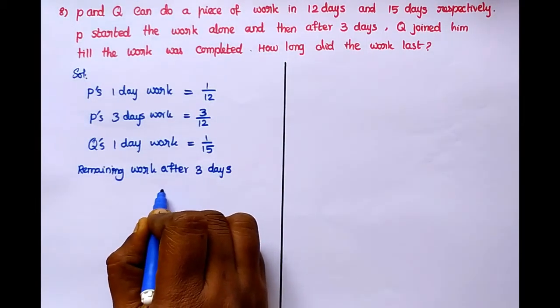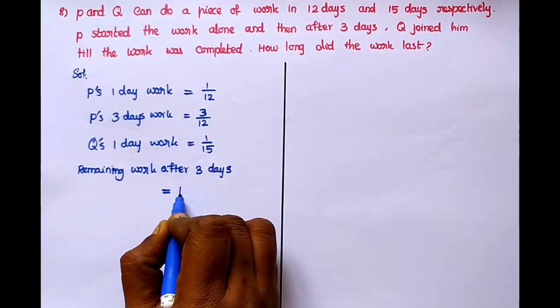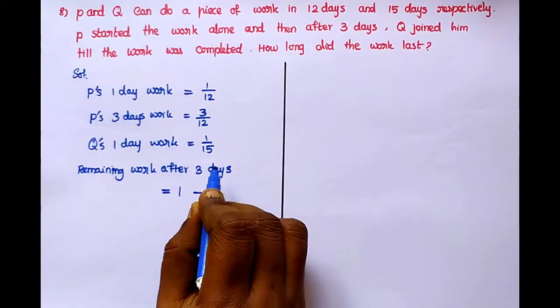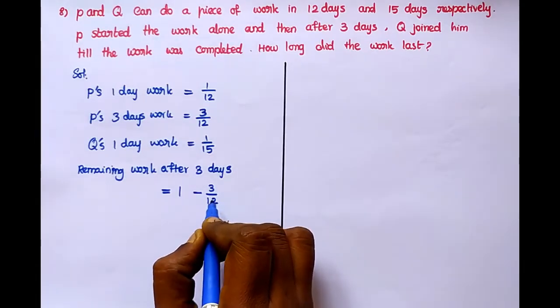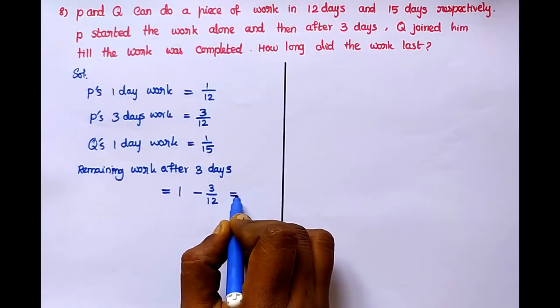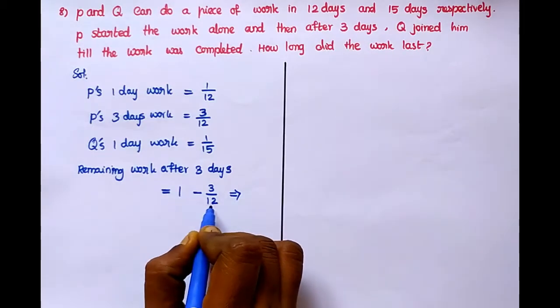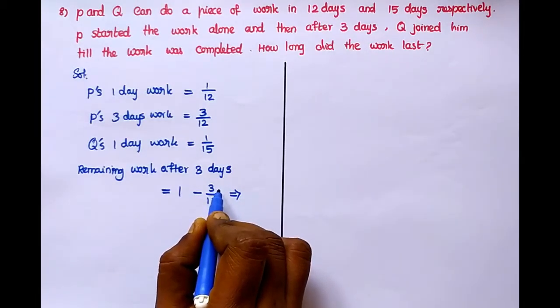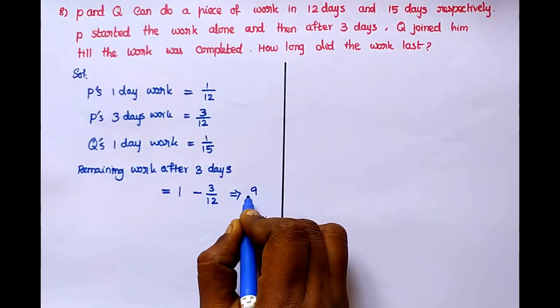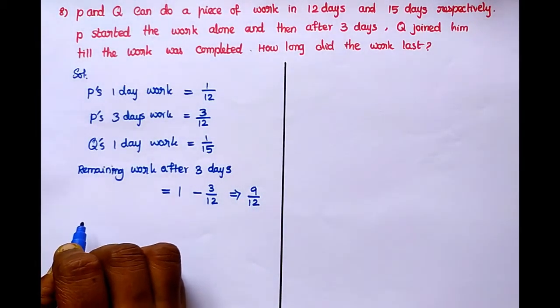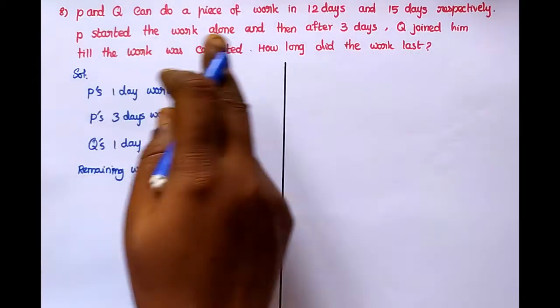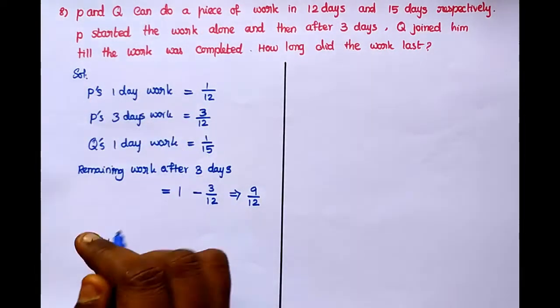Listen, remaining work is one work minus 3 days work finished. So 1 minus 3 by 12 equals 12 minus 3, 9 divided by 12. And then Q joined him till the work was completed.